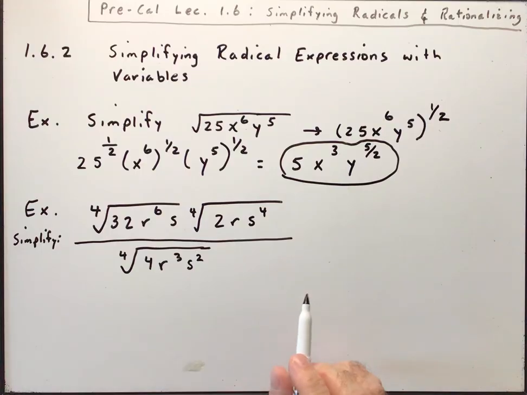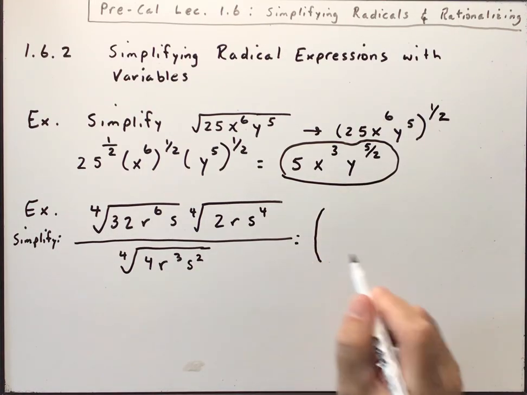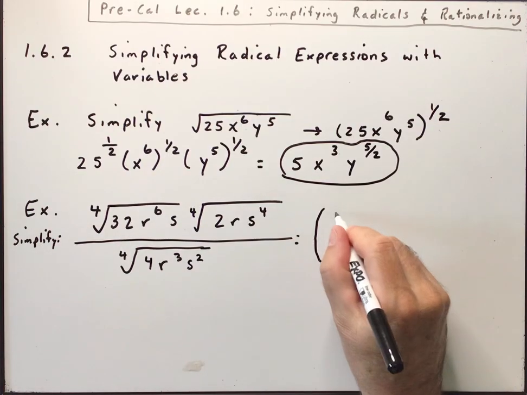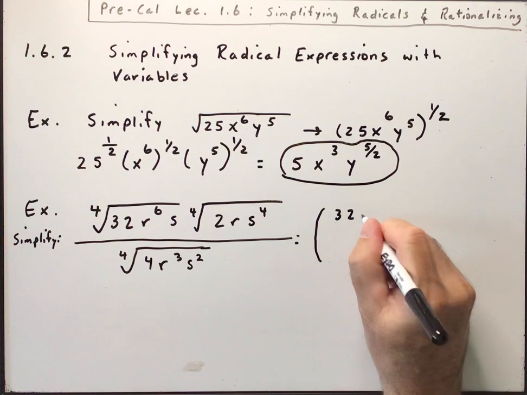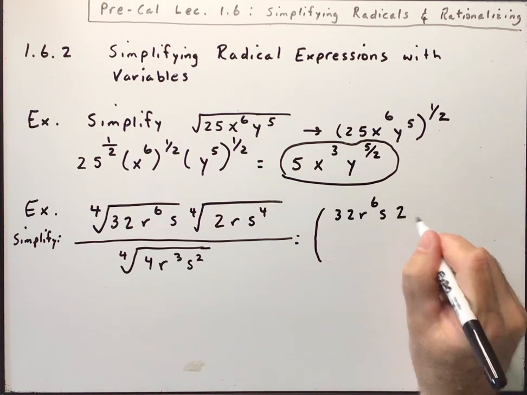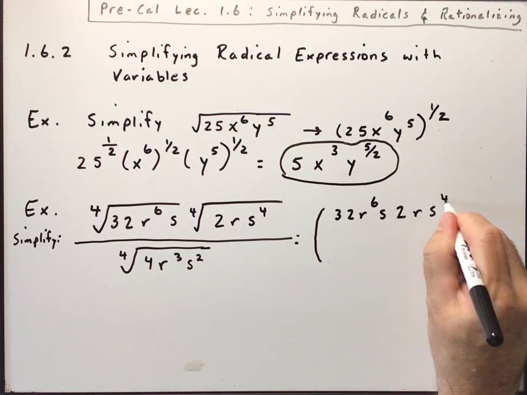we can rewrite this entire thing raised to the fourth root. So I'm just going to get rid of the radicals, and we'd have 32 r to the sixth times s times 2 r s to the fourth.